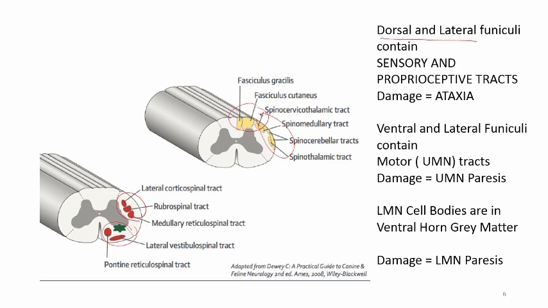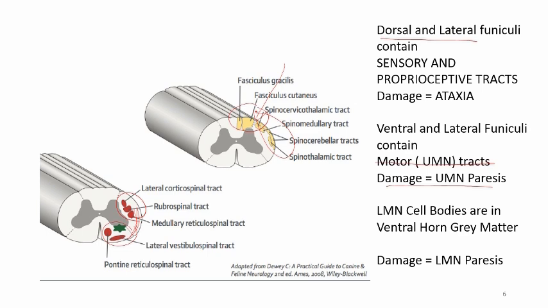However, our ventral and lateral tracts are going to be upper motor neuron motor tracts. So if we have damage to the ventral and the lateral tracts, these guys here, then what we are going to get is paresis. So you can see from here that if we're damaged up here, we're going to have just ataxia.